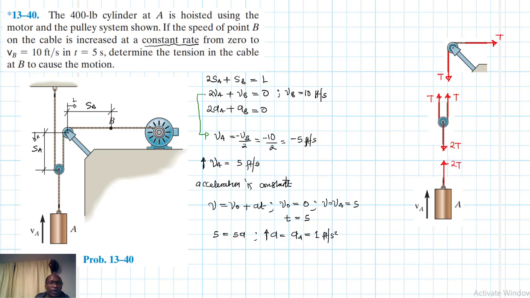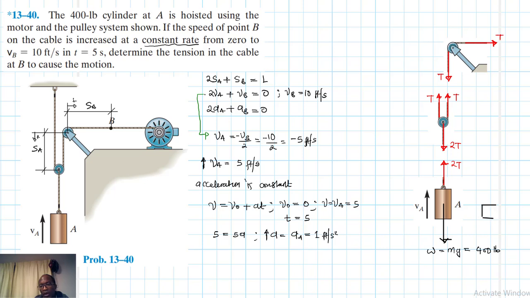Then we have some weight here. This is the weight, and W is equal to mg, which is just equal to, here is already given, 400 pounds. Of course this is going upwards.